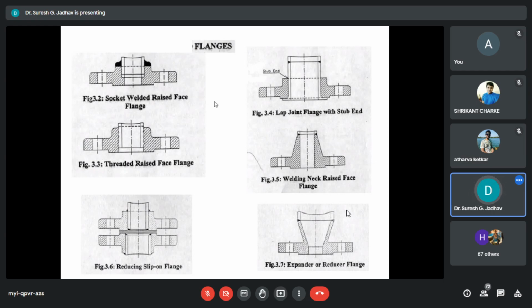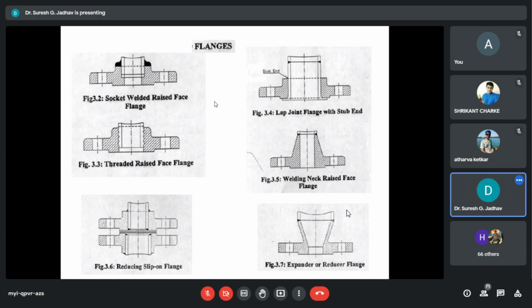Next flange is the lap joint flange. Piping industries use lap joint flanges with stub ends when piping is of costly materials.